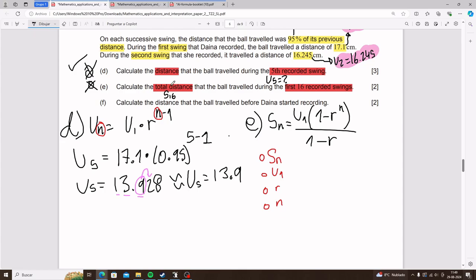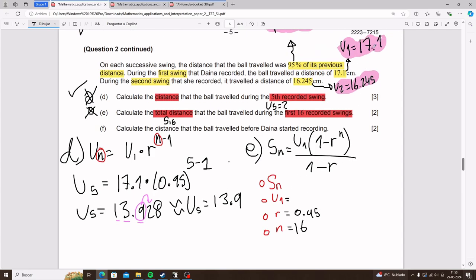Because we're trying to find the total distance that the ball traveled in the first 16 swings, that means that n has to be 16. That means that r is still the same r as before, 0.95, and U1 is still the first swing, 17.1. And S of n is what we're going to be finding.